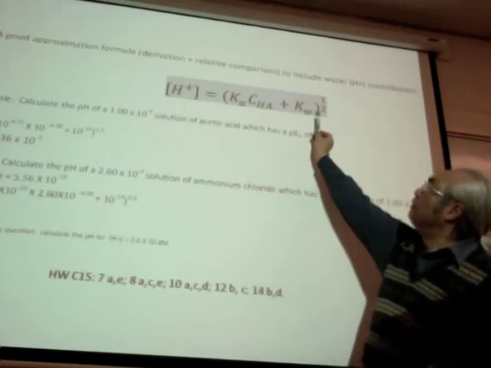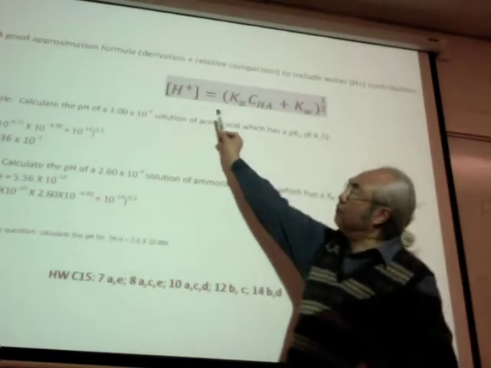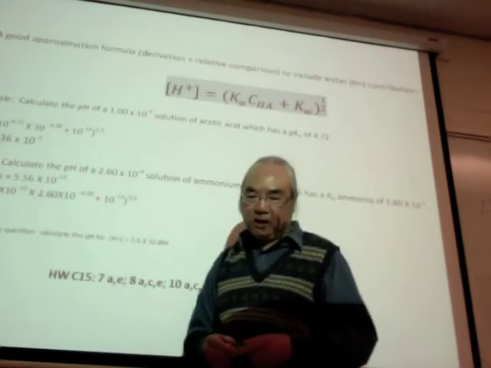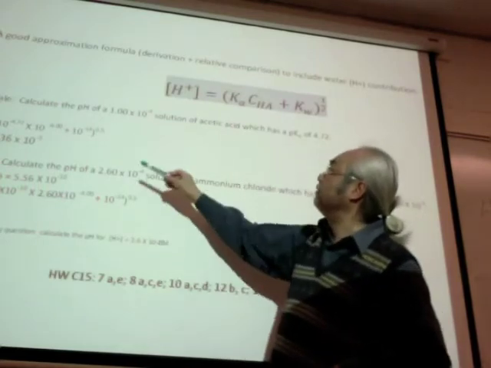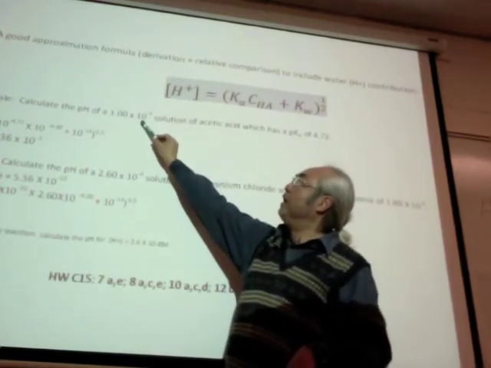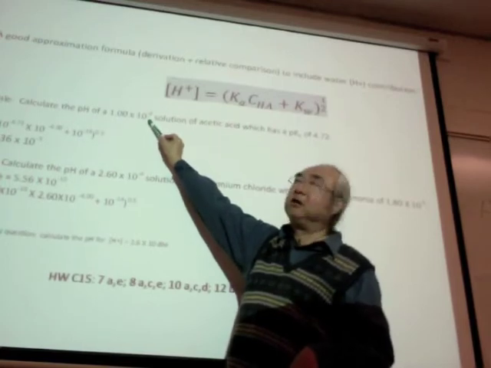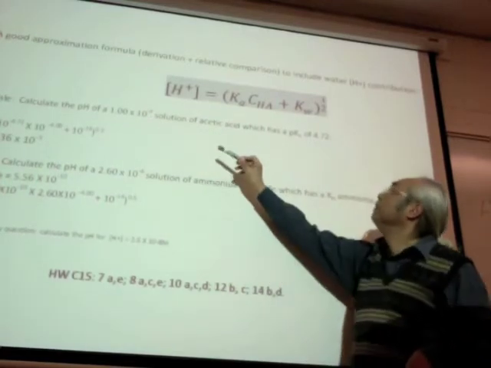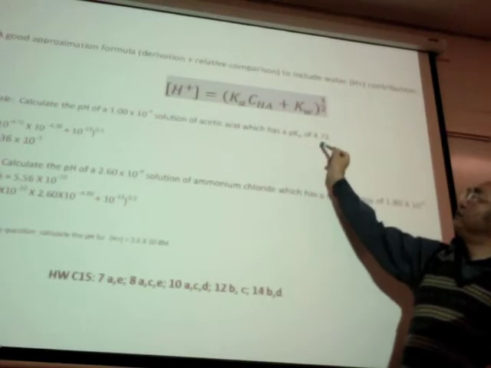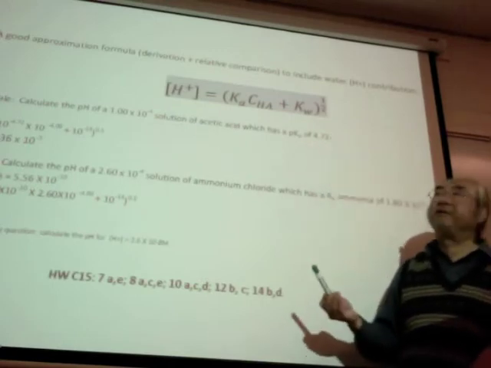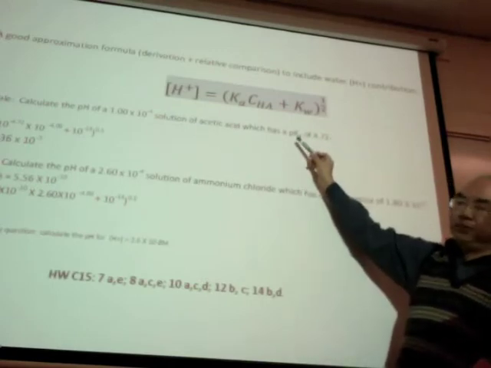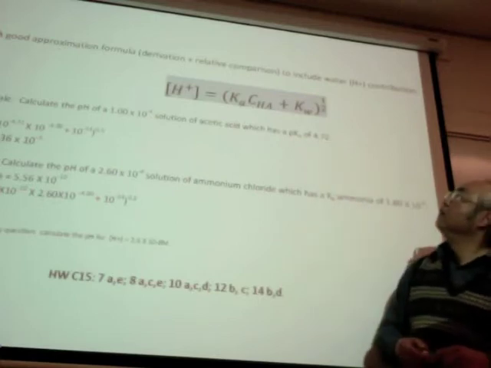After that, take the square root, and that will be your approximation. Okay, so memorize that, then we look at some real examples. Let's say you prepare 10 to the minus 4 molar concentration of acetic acid. Then the Ka value is 1 point something times 10 to the minus 5, so pKa is this.